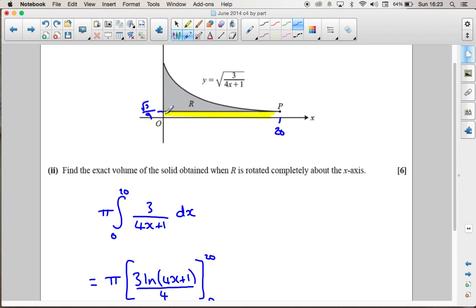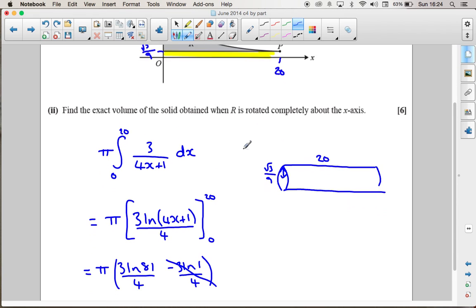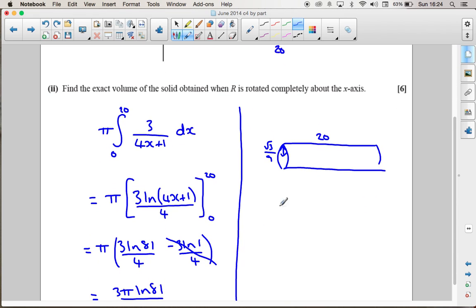We now need to take away what we get when we rotate this line around the x-axis. If you imagine, what we'll get is a cylinder with a height of 20 and a radius of root 3 over 9. So rather than working this out as an integral, it's going to be much easier to work it out as just the volume of the cylinder.